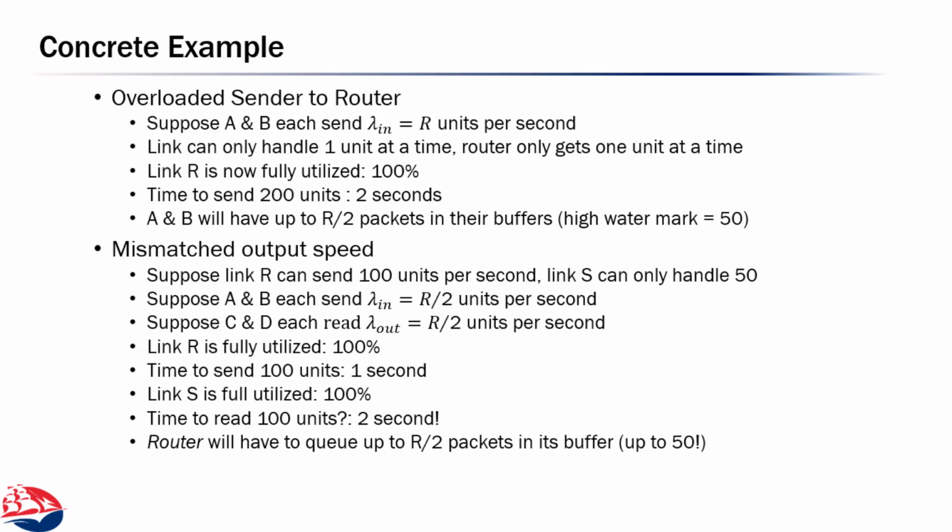Since the link can only handle 1 unit at a time, the router only gets 1 unit at a time. Link R is utilized 100%. Time to send is 200 units, that's 2 seconds. So first of all, that's going to be a problem. A and B will have up to R over 2 packets in their buffer. The high water mark is going to be 50.